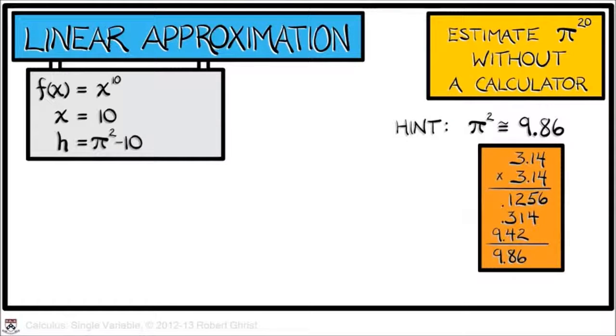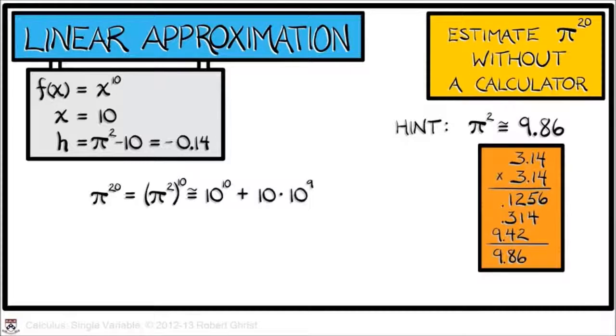In this case, h, your error, is pi squared minus 10, which, according to our computation, is about -0.14. All right, so in that case, pi to the 20th, which is pi squared to the 10th, is approximately 10 to the 10th plus the derivative of x to the 10th, that's 10 times x to the 9th, evaluated at x equals 10, times h, -0.14.